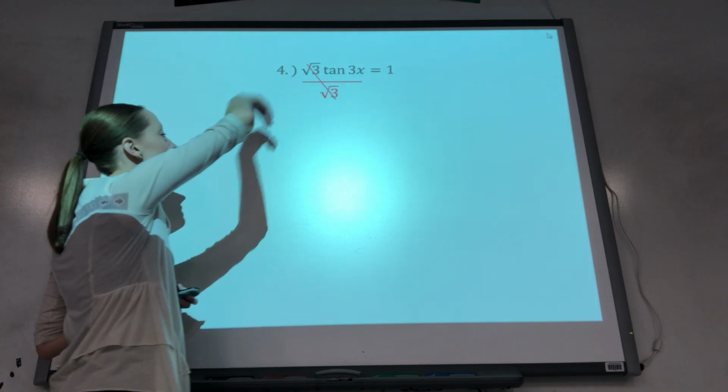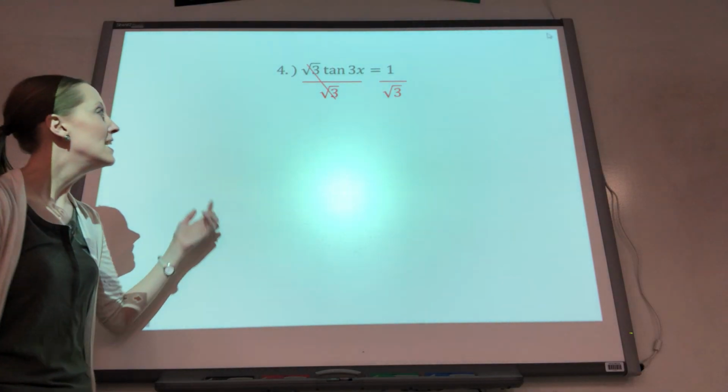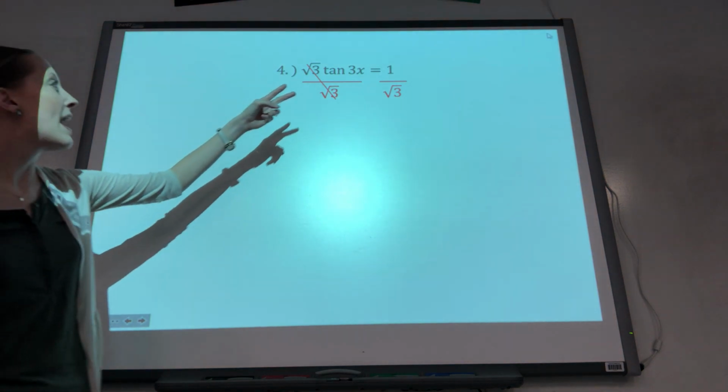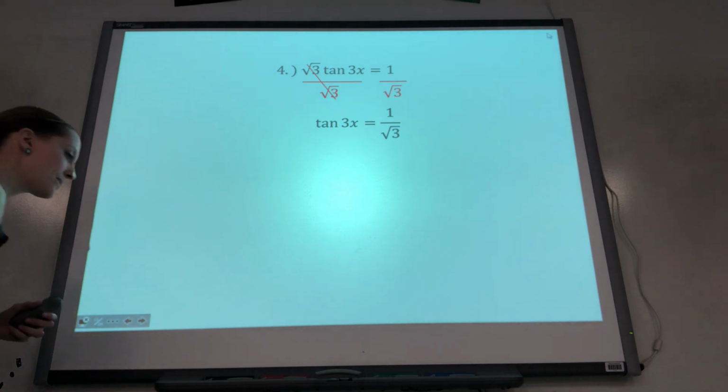So I'm just going to treat it like a normal number. If a number is multiplied by our trig function, we can just divide to get rid of it. Now it says tangent of 3x equals 1 over square root of 3.